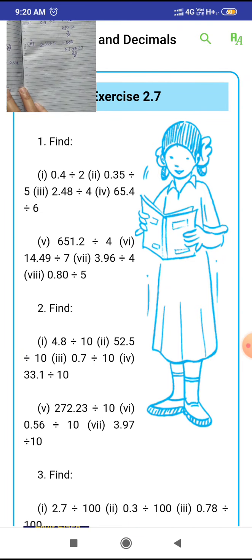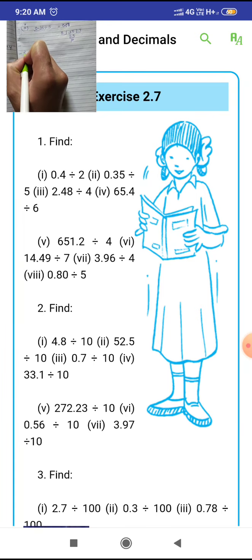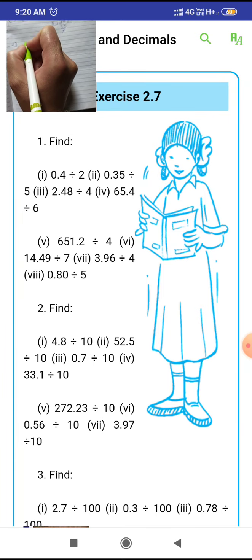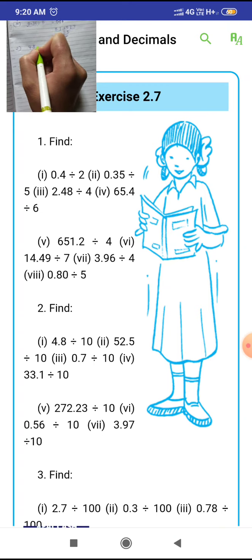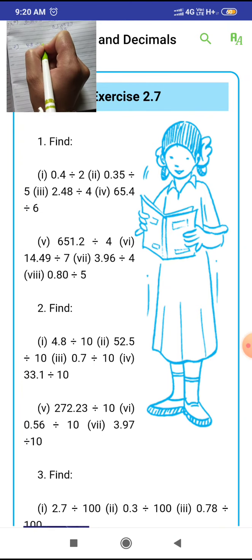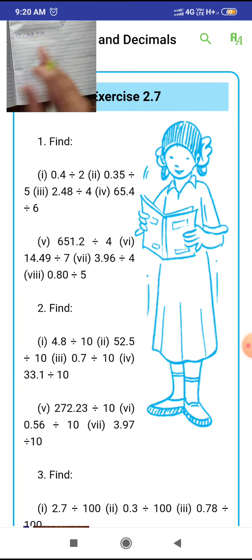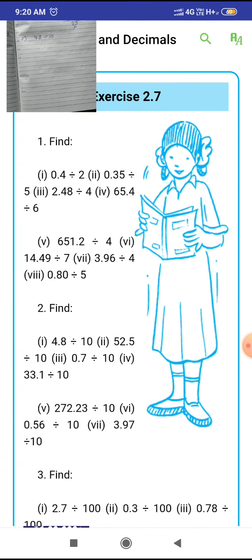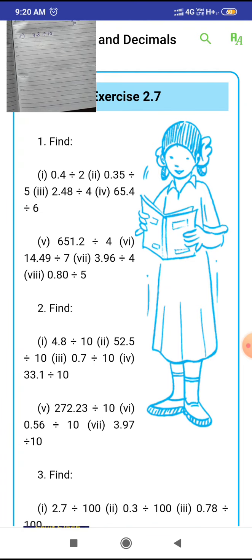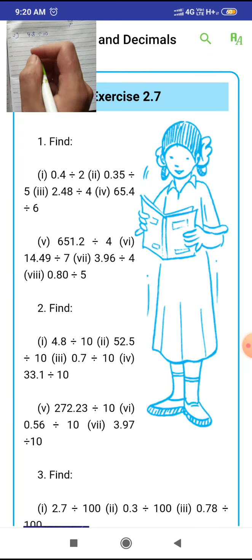Now move to our second question. The second question is find the division of 4.8 by 10. In my previous video, I already discussed how to multiply a decimal number with 10, 100, 1000 and so on. So it is the reverse process of that one.